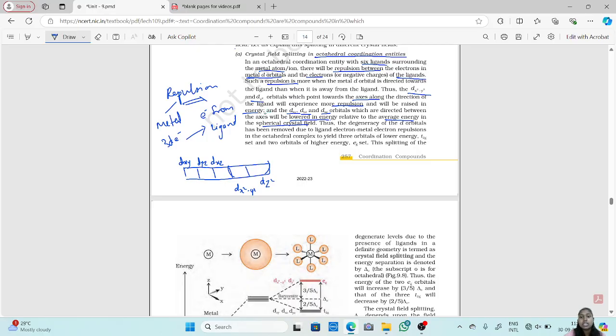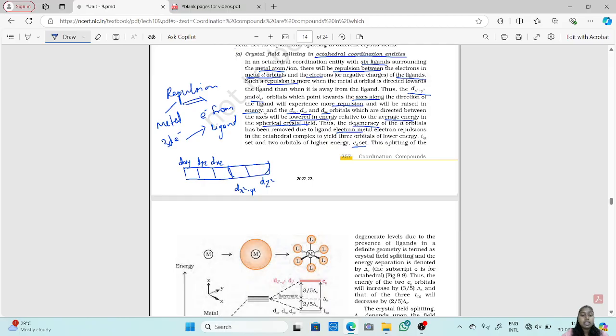Thus the degeneracy of d orbitals has been removed due to ligand electron, metal electron repulsion in the octahedral complex, to yield 3 orbitals of lower energy, that is the T2g set, and 2 orbitals of higher energy, that is the eg set. Now because of this, the degeneracy of d orbitals is removed. Why? Because there are 2 orbitals in higher energy and 3 orbitals in lower energy.